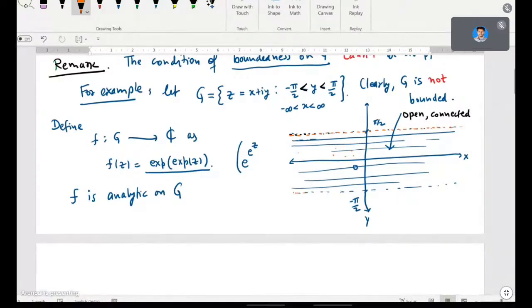So it is analytic on G bar, that is obvious, because you know that exponential of exponential z is entire actually.